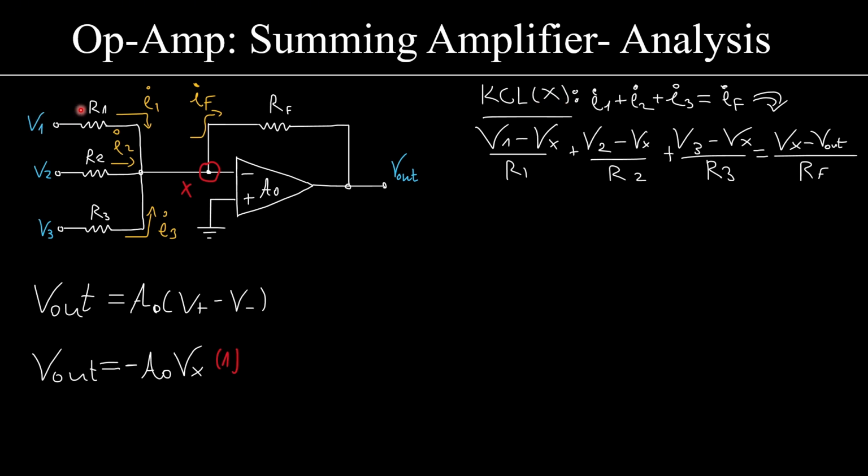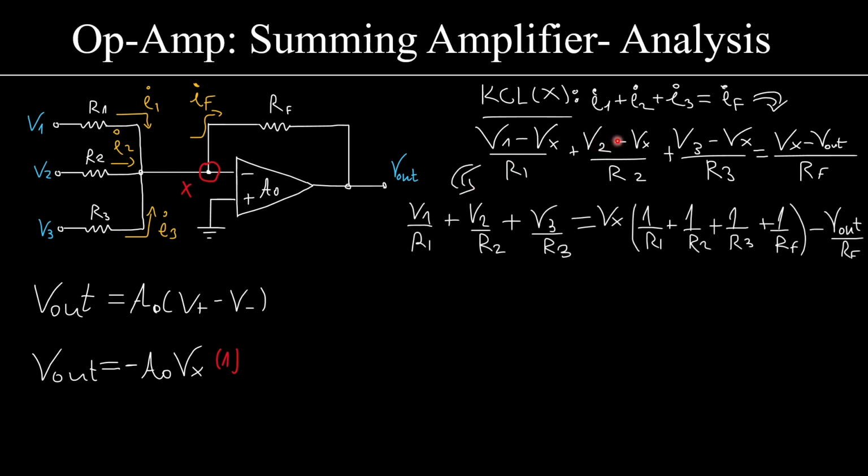Therefore, the current here must be nothing but, from Ohm's law, V1 minus Vx over R1, V2 minus Vx over R2, etc. Alright? And this must all be equal to IF, which is equal to Vx minus Vout over Rf.